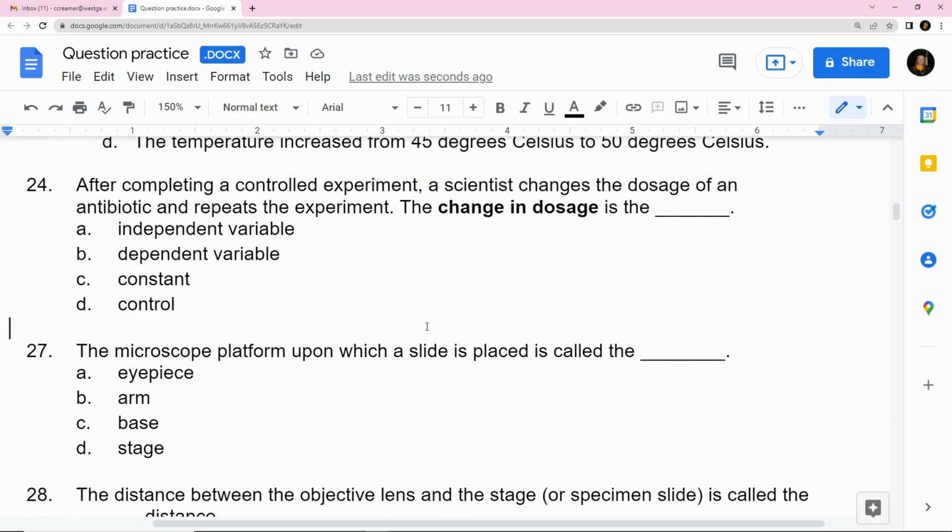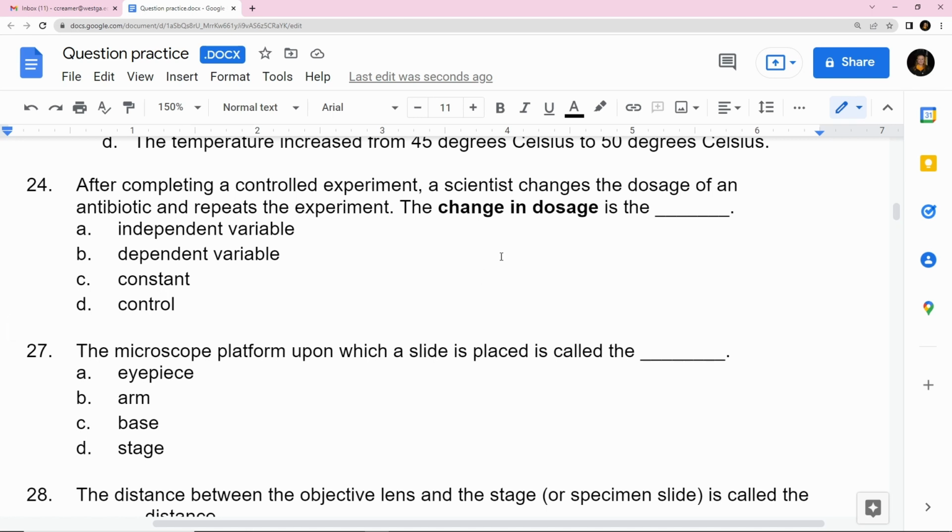Question 24. After completing a controlled experiment, a scientist changes the dosage of an antibiotic and repeats the experiment. The change in dosage is the independent variable, dependent variable, constant, or control?